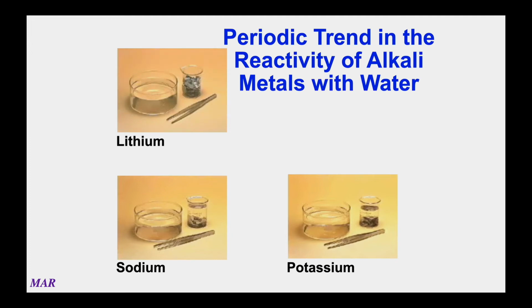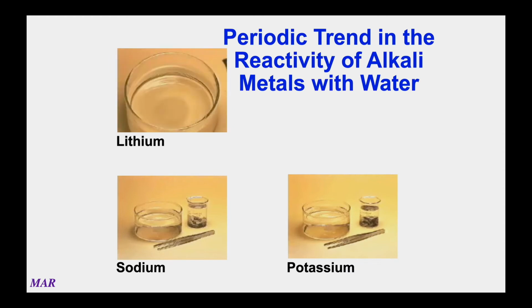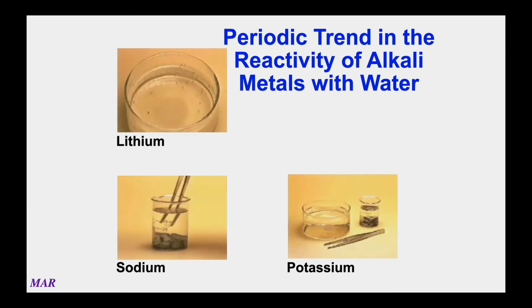Lithium is the first of the Group 1A metals. It reacts with water to form lithium plus 1 ions, losing an electron from a 2s orbital. Compared with sodium and potassium, lithium reacts rather slowly. Sodium is the second of the Group 1A metals, occupying a position just below lithium on the periodic table.